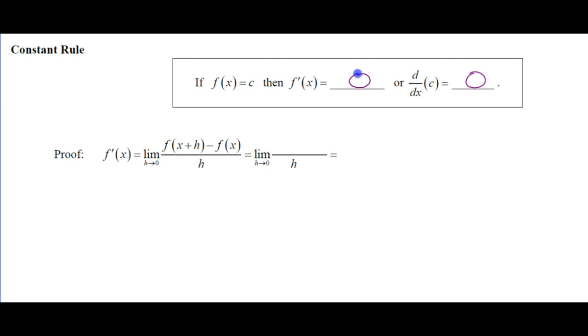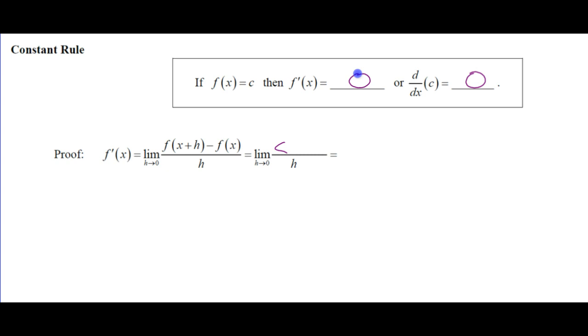If you put an x plus h in there, what are you going to get? So f of x plus h is, really f of anything is c, right? Whatever I put in here, what's the answer? There's no x here, right? So f of x plus h is c.